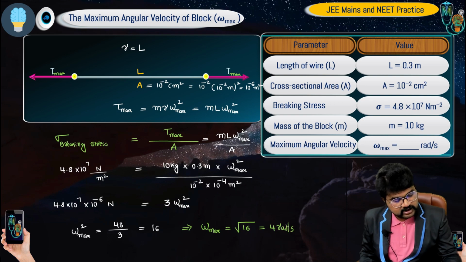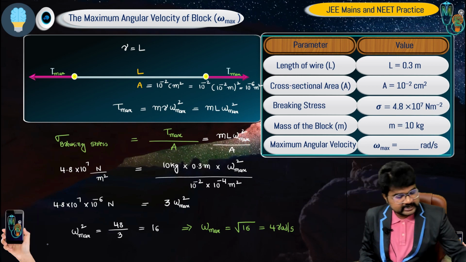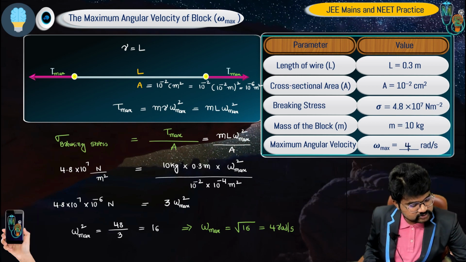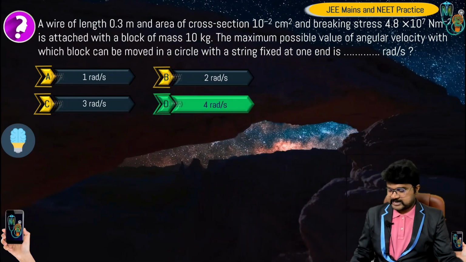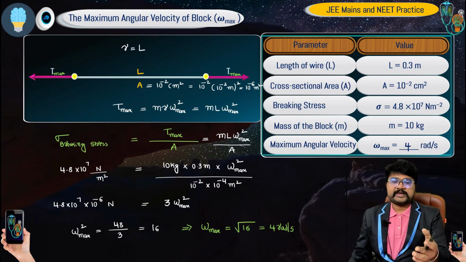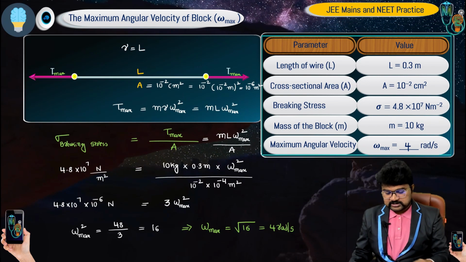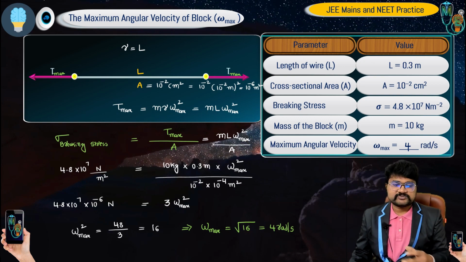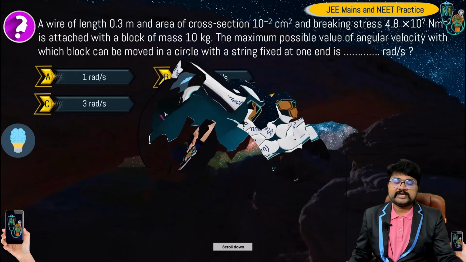What is the final answer to this question? 4 radians per second. I can say that this would be the answer. Understood? We already did this. The breaking stress is given, we substituted all the values, we have done reasonable calculations. Finally, we got omega maximum equal to 4 radians per second.